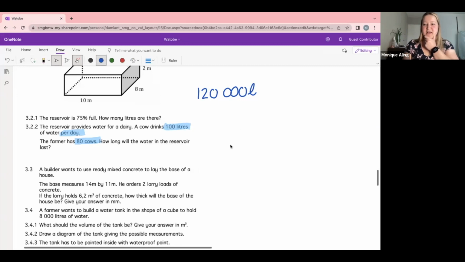Perfect. Anyone want to help me with this one? What do I do next? I have 120,000. What am I doing? Anyone? It's Handile, yes.